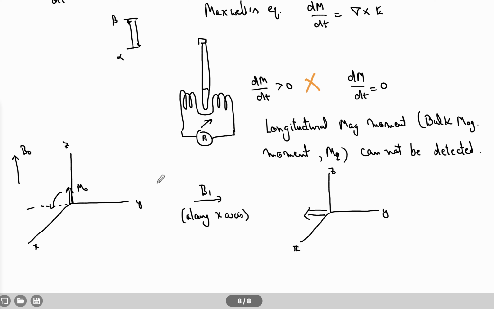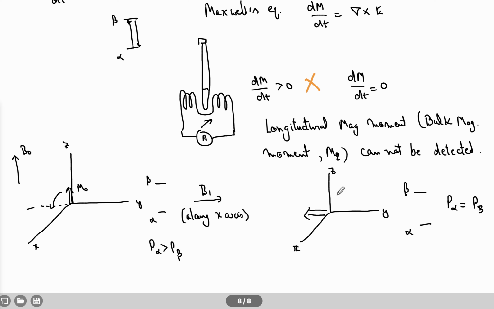Now let's see my energy level diagram. At the earlier point it was like this, where the population P alpha is greater than the population in the beta state. Here I can explain this as P alpha equal to P beta.